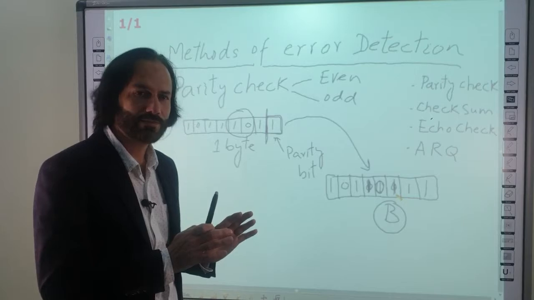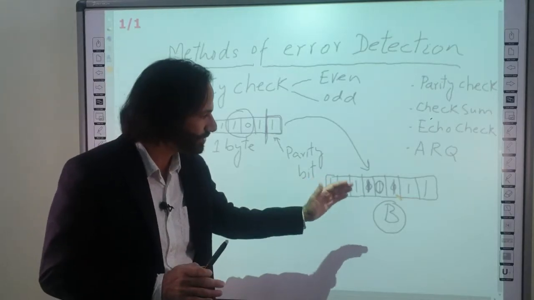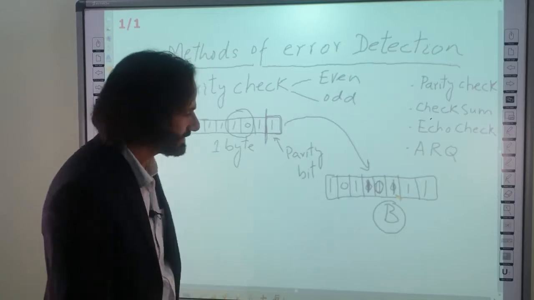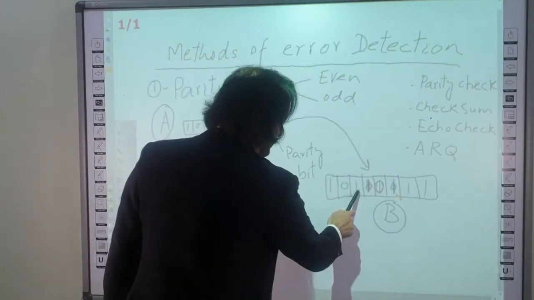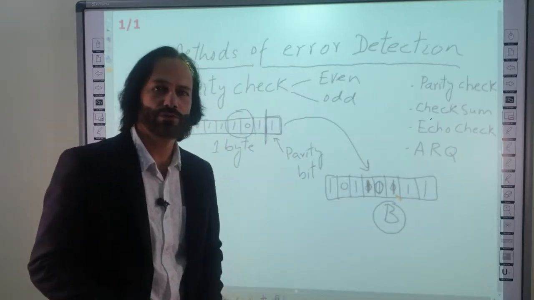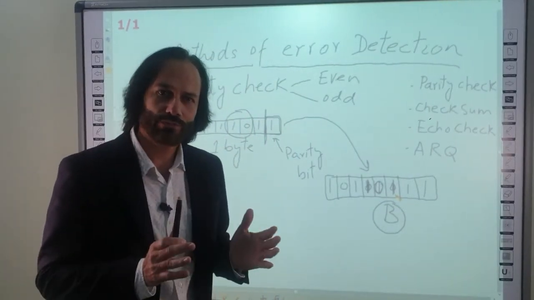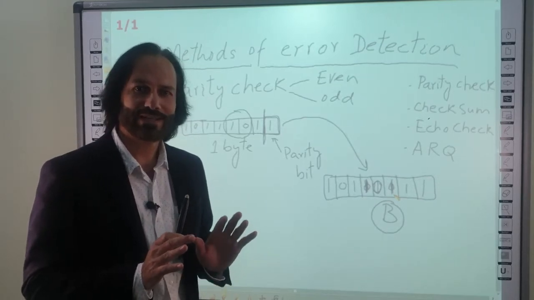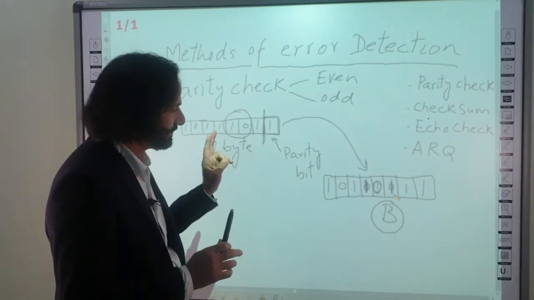When this data reaches computer B, now the computer B again simply will count number of ones. So it counts 1, 2, 3, 4, 5, 6. The receiving computer will assume that the byte is correct, although there was an error in the byte.